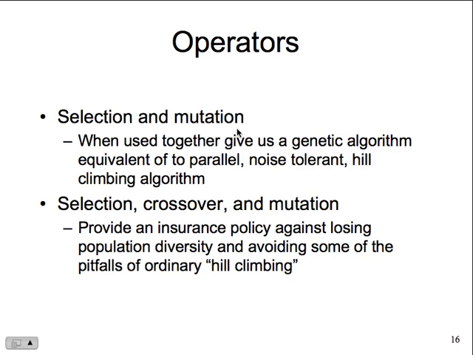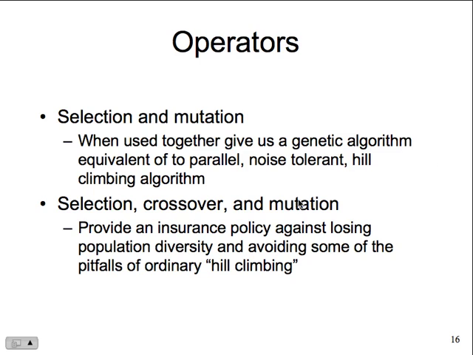Selection and mutation used together give us the genetic algorithm equivalent to the parallel noise-tolerant hill climbing algorithm. I haven't talked about hill climbing yet, but I'm going to hit that probably in the afternoon. It's noise tolerant, which means it can bypass random data that might not be applicable for the solution.